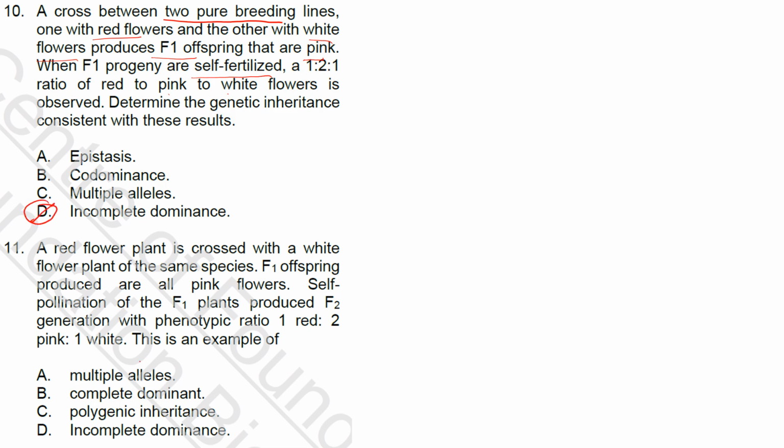Okay. So the parental generation are pure breed. This is the male parent, this is the female parent. Let's say the female parent is red, the male parent is white. So the gamete will be capital R, and the other gamete will be small r.